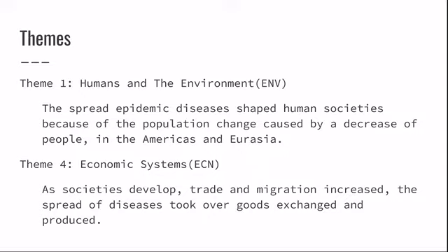We chose this theme because the spread of epidemic diseases shaped human societies because of the population change caused by a decrease of people in the Americas and Eurasia. We also chose theme 4, which is economic systems, because as societies developed, trade and migration increased, the spread of disease took over goods exchanged and produced.